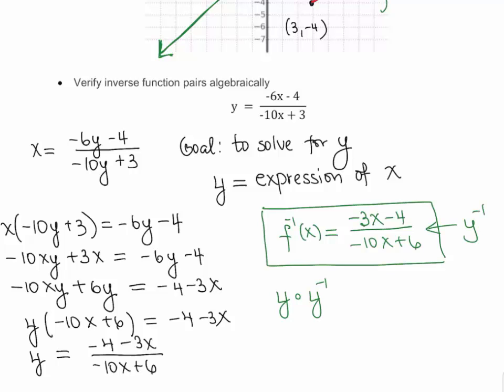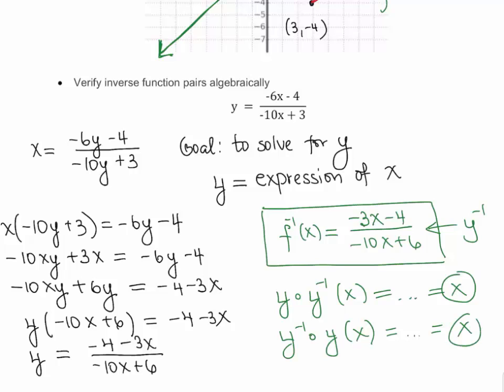If you do this carefully, we should get x, the identity, right? Or if you compose it this way, y inverse composed with y, at the end we should also get x, the identity function. But again, my recommendation is for you to just solve for the inverse by following these steps.